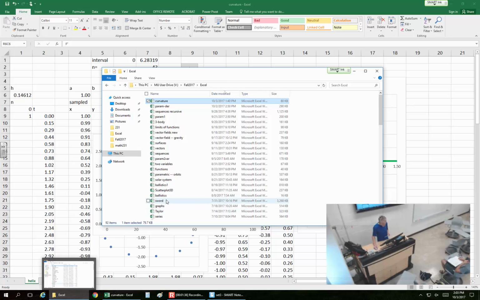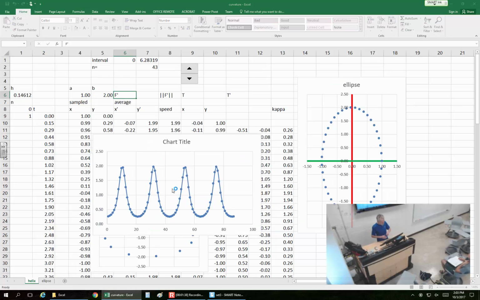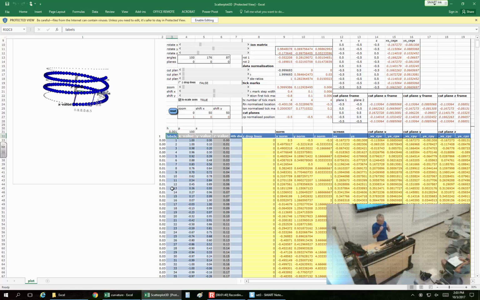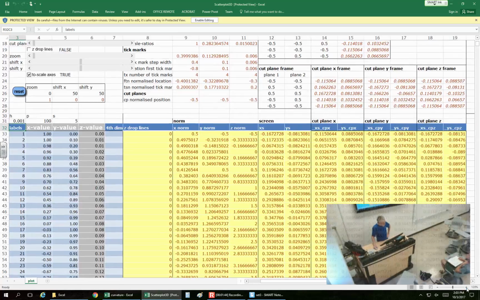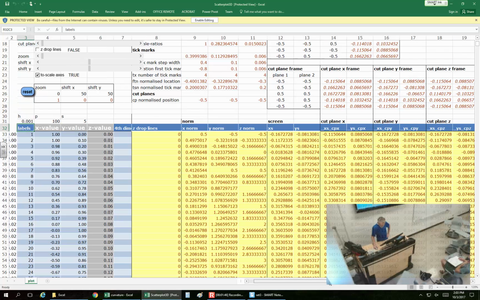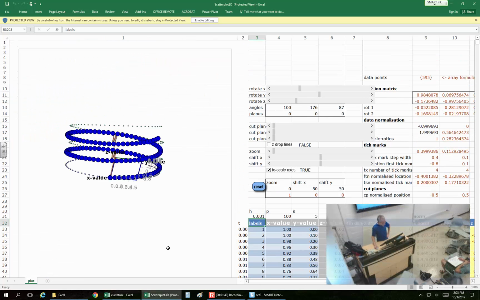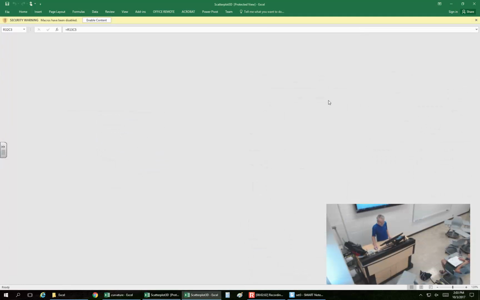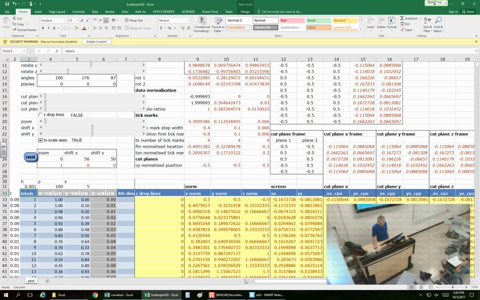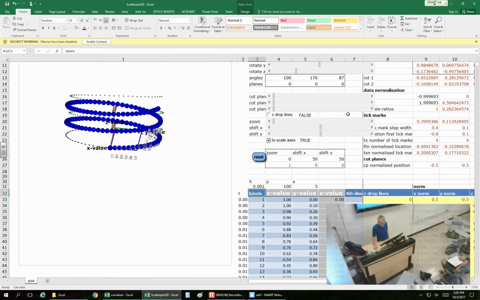Here it is. So unfortunately, Excel doesn't do 3D. The best we can do is some kind of homemade spreadsheet that actually does plot a 3D curve, which happens to be the helix, and you can move it around just to confirm that it is what it's supposed to be.